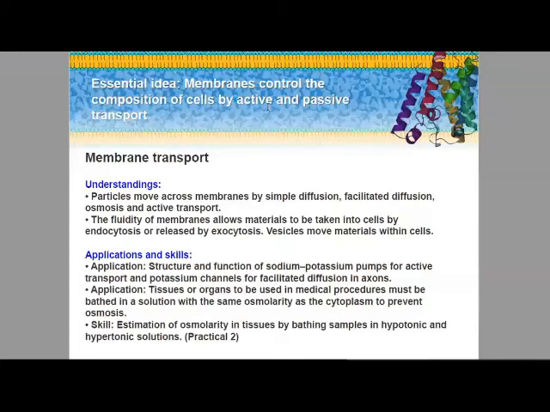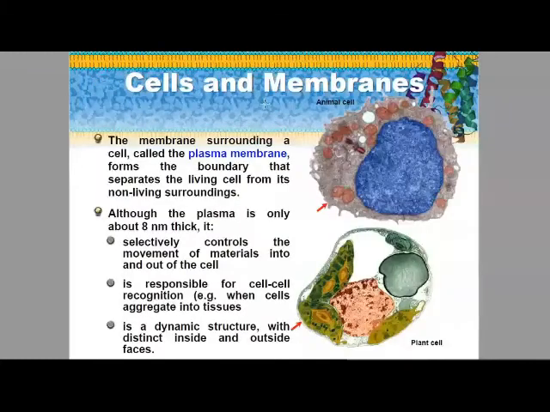Okay, let's start by defining the function of the plasma membrane. First of all, it forms a boundary layer that separates what's inside of the cell from the surrounding environment of the cell, so that the cell can control and regulate its composition by means of the plasma membrane.